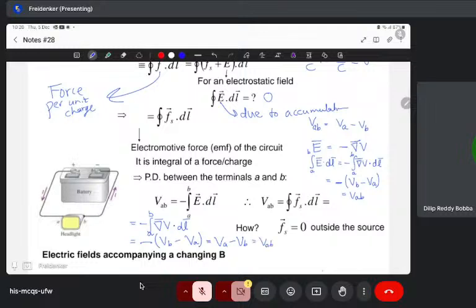Then where am I going wrong? No, here, minus of minus.